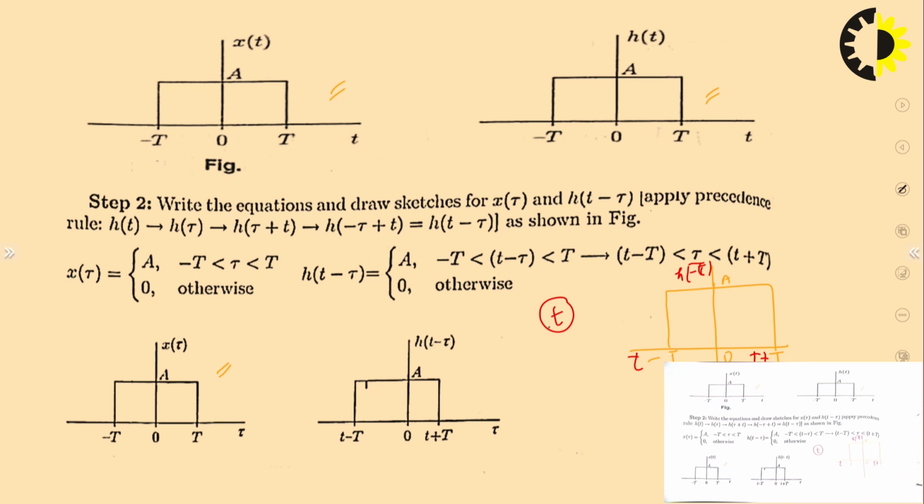Now depending upon this value of t, if t is less than 0, it means this is a negative quantity.